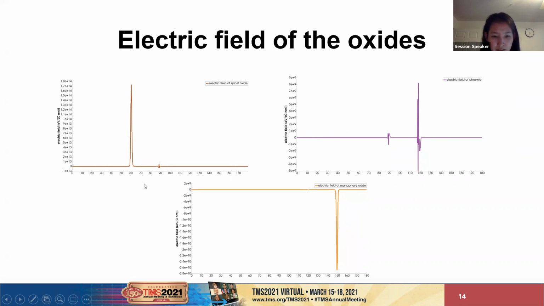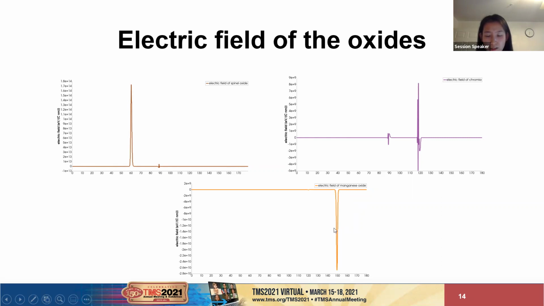The second feature is that the electric field is almost constant inside of the bulk material, which is the same as the conclusion from some papers. The last feature is that the electric field has a huge positive spike at the interface between the alloy and the first oxide layer, and a huge negative spike at the surface of the material.